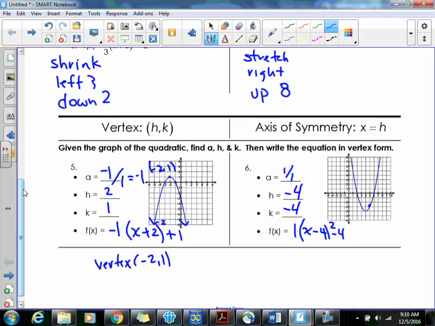And just always go back and check. No, because when I take the opposite, I will get the +4. Okay, so what I'm writing here and here is what it's going to be. Okay, thank you.